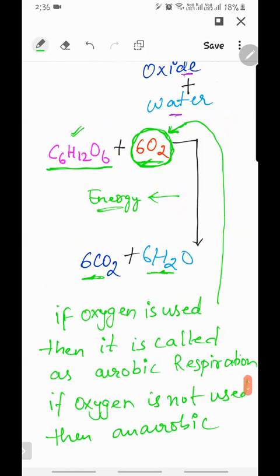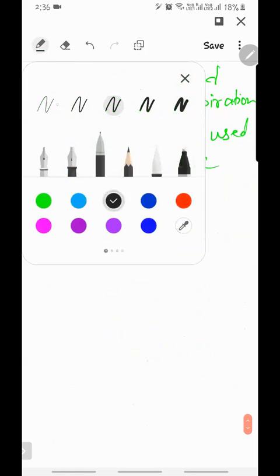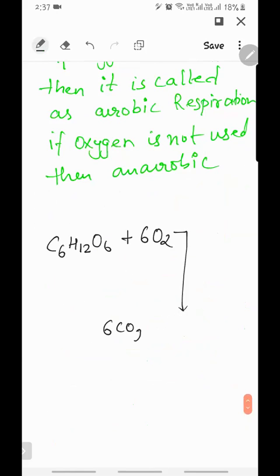See here, there is 6 carbon, and how many hydrogens are there? You understand clearly. See here, C6H12O6 plus 6O2 will form 6CO2 plus 6H2O.